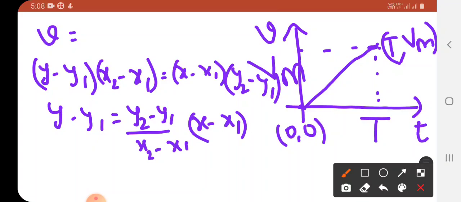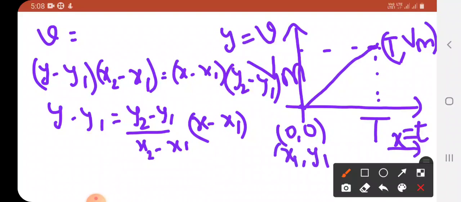Here this x-axis is t, so x is equal to t and y is equal to v. x1, y1 is (0, 0), and x2, y2 is (T, Vm).